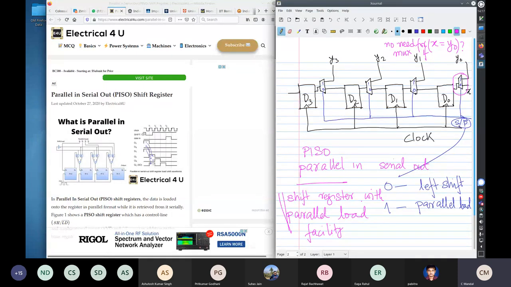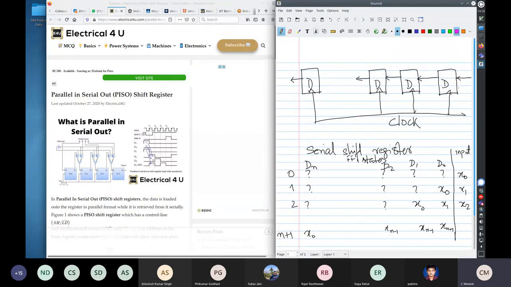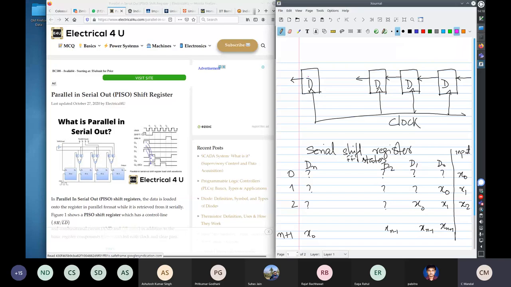First, wire up that circuit for a single D flip-flop. Test that it works. That means whatever input you give, once you apply the clock, that input should appear at the output. Once you have tested an individual thing, you wire up exactly this circuit, or to start with you can wire up the earlier, simpler circuit. Just see that whatever data you give, it shifts it in. Once you know that it is shifting it in, you are in a position to do your design.